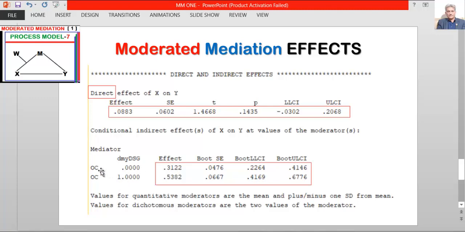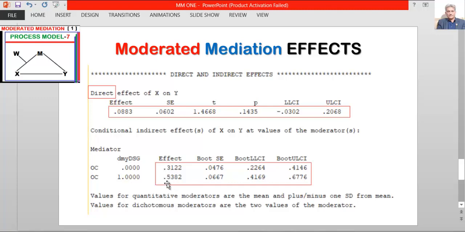It shows that when designation is 0, then effect is 0.3122 and it is also significant. Both the values are positive. And it shows that when the designation is 1, it increases from 0 to 1, then the effect also increases along with the role of organizational culture.